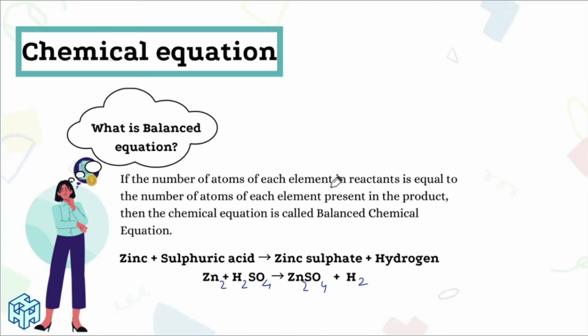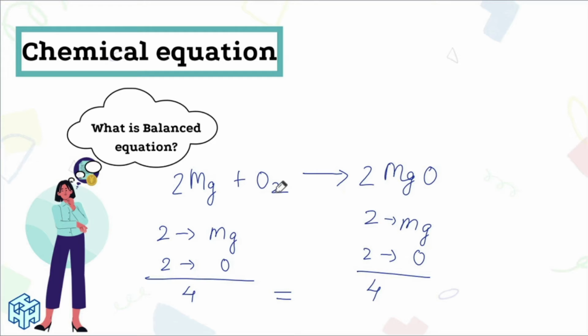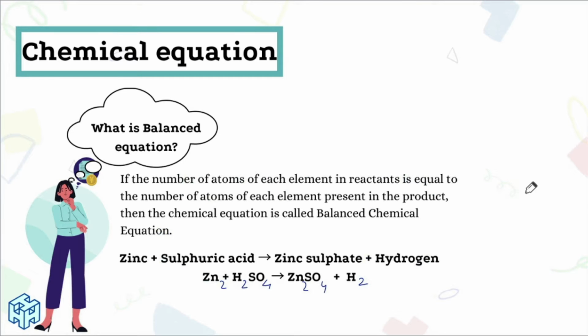If the number of atoms of each element in the reactant side is equal to the number of atoms present in the product side, then it is called a balanced chemical equation. We understood an example, sir: 2 Mg plus 2 O2. Here 2 magnesium, 2 oxygen, 4, and here also 4. That means in both the LHS and the RHS the elements are equal. Now let us understand it for zinc. How many atoms for zinc?